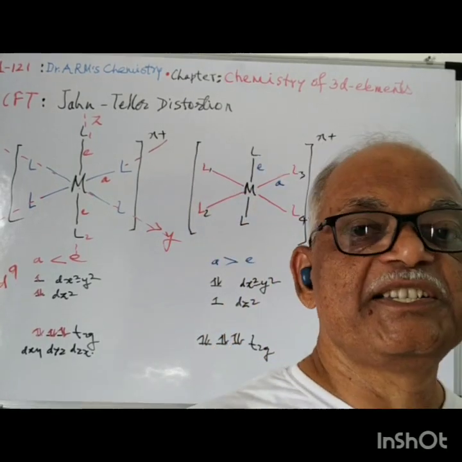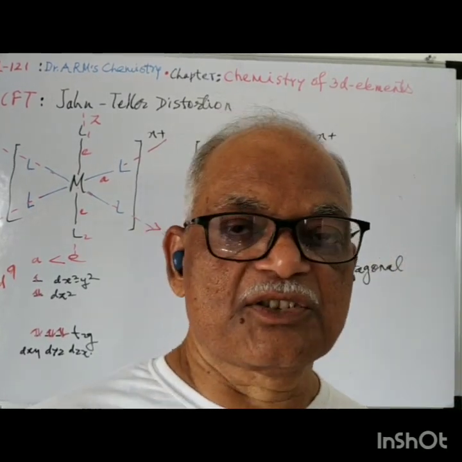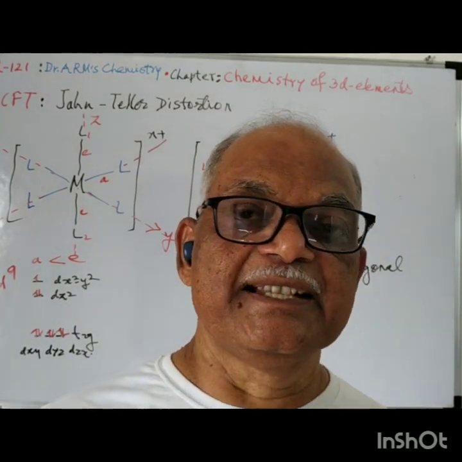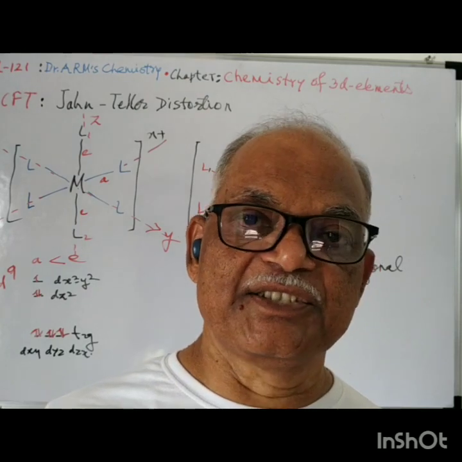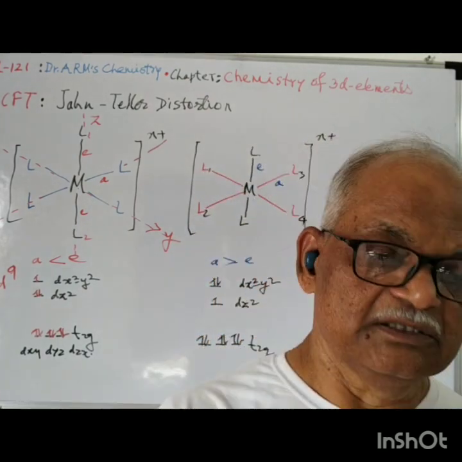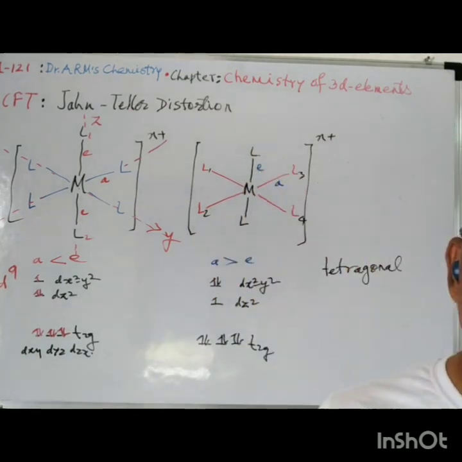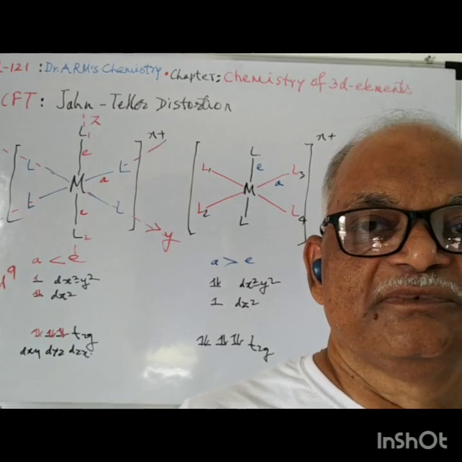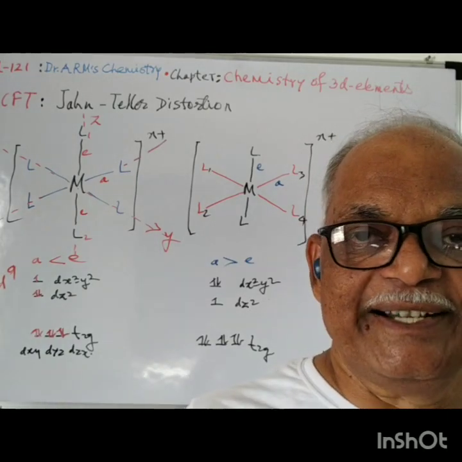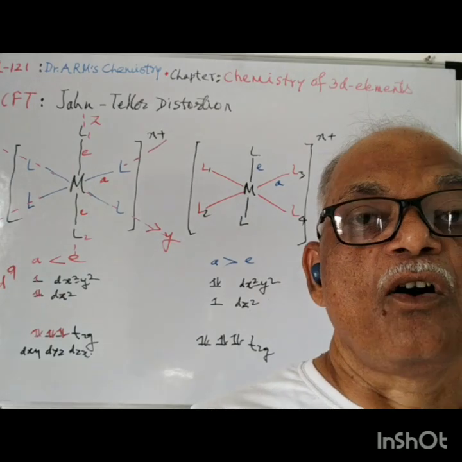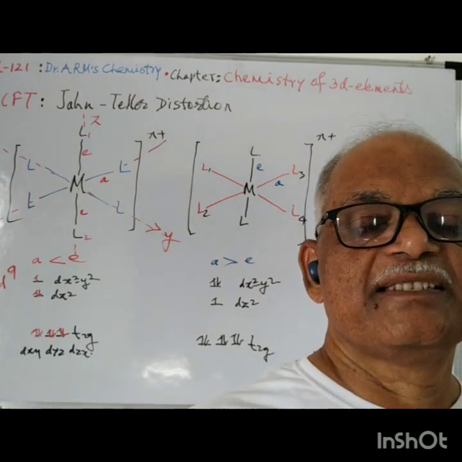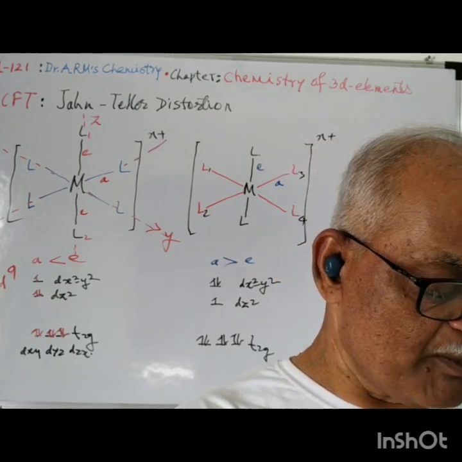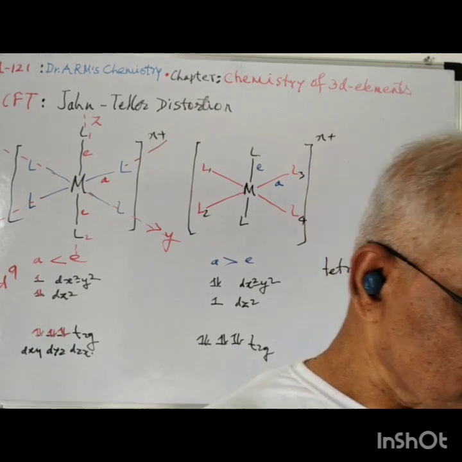So the stability of the structure is arising due to the existing destabilized structure. So the energy is given out, or the repulsions are minimized by moving the ligands in the z direction or in the direction of x and y axis, depending upon the distribution of electrons among the d orbitals.